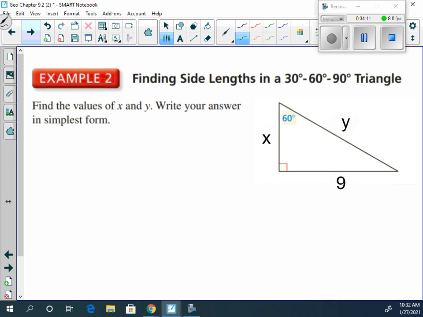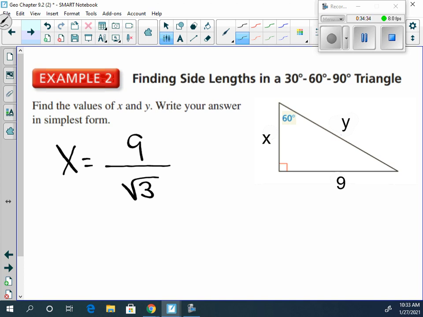So I'm given the side opposite 60 degrees, and 30 degrees is where I'm wanting to go, so we take the side opposite 60 degrees and divide it by the square root of 3, yes? Does it really matter what the side opposite 60 is?